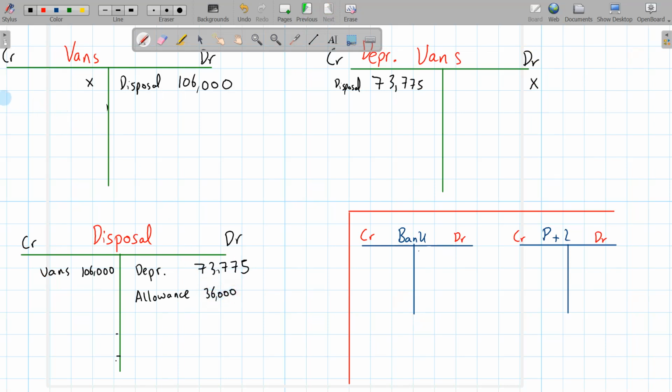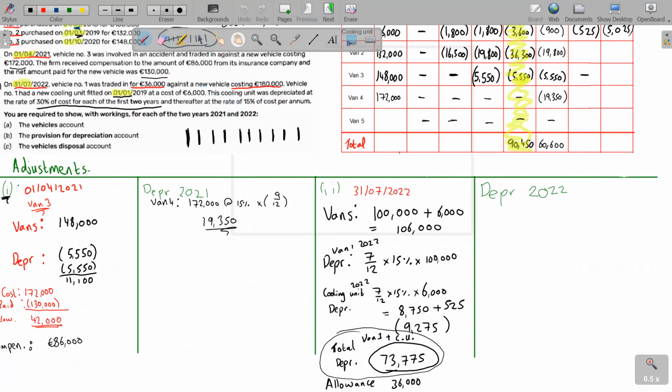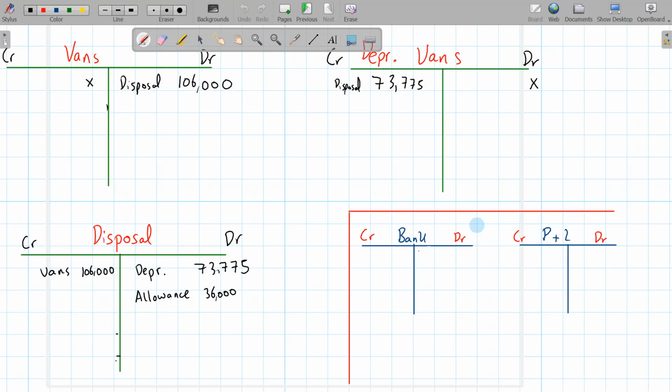So we bought the new van. What did we pay for the van? If we got a trade-in of 36,000 and the new vehicle costs 180,000, what comes out of our bank is 144,000, plus the allowance of 36,000 will double entry into my vans account.